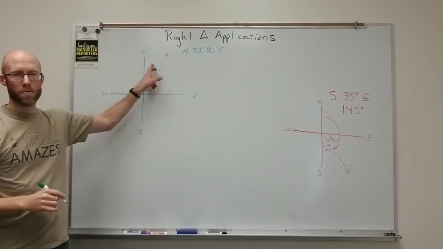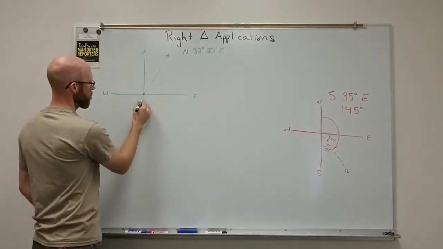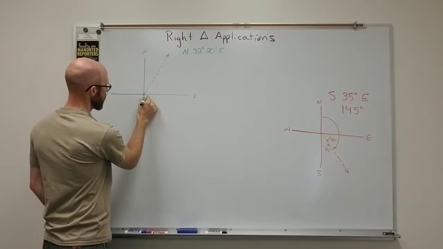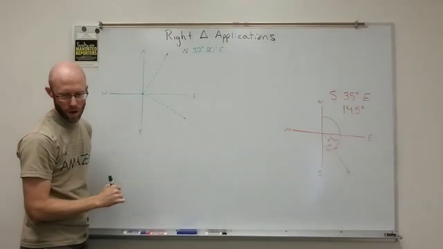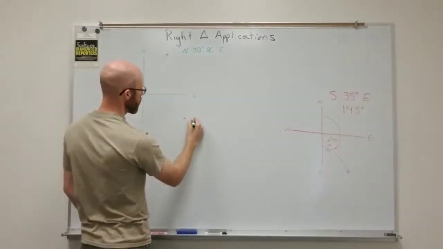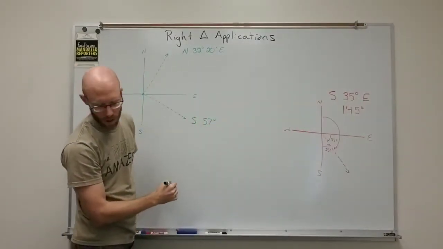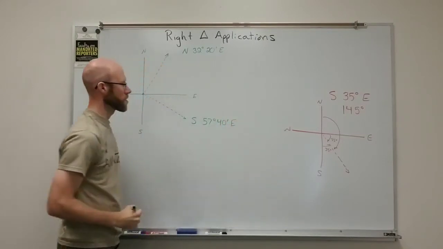All right, so that's the first boat. The second boat travels from the same port, and they leave at the same time, going in a direction, we'll call this one south 57 degrees 40 minutes east, okay?